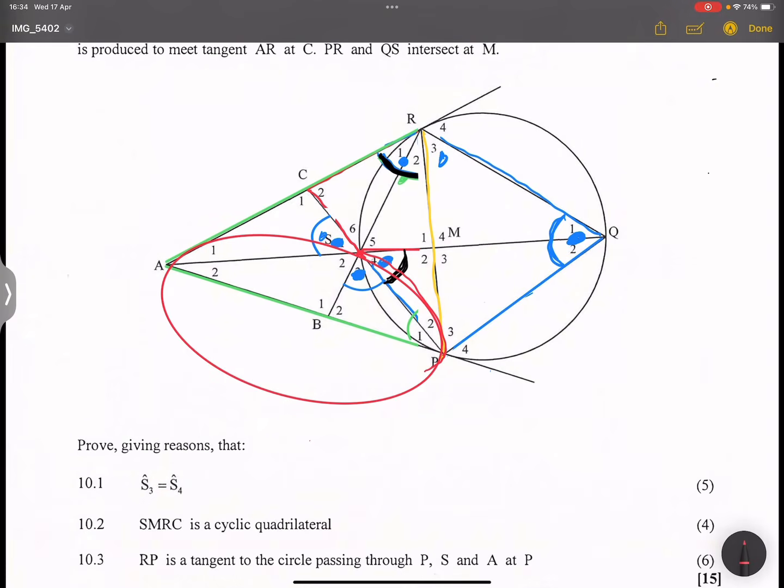So prove that RP is a tangent to that circle at P. So there's our tangent there.